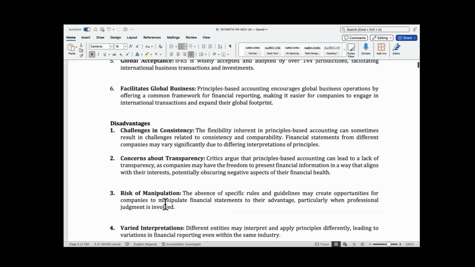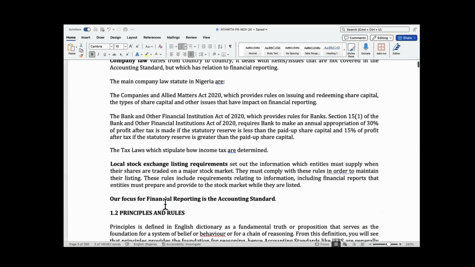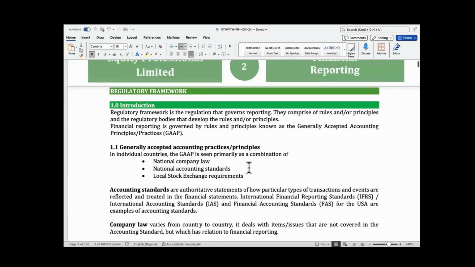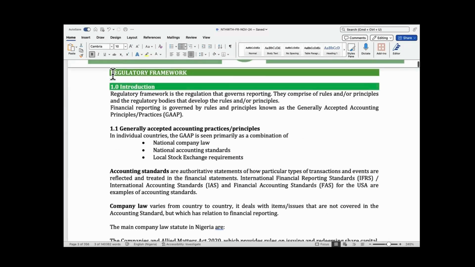Okay, so I'm done with one aspect of this class, which is the rules and the principles. Don't forget, when I started regulatory framework, I mentioned that it has 2 aspects. One aspect is the rules and principles, while the other aspect is the regulatory bodies. Who are the regulators?